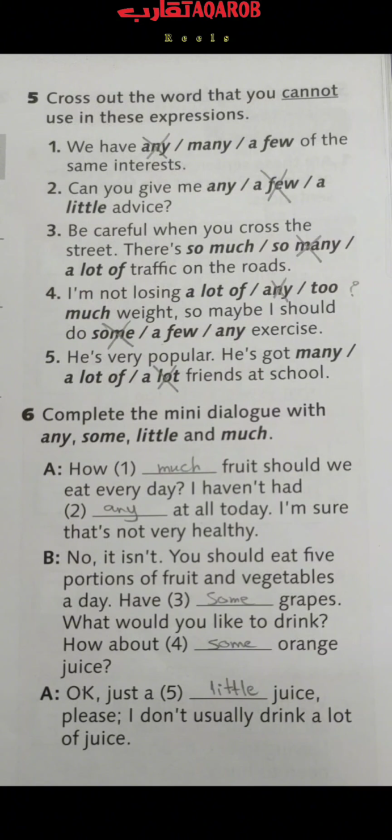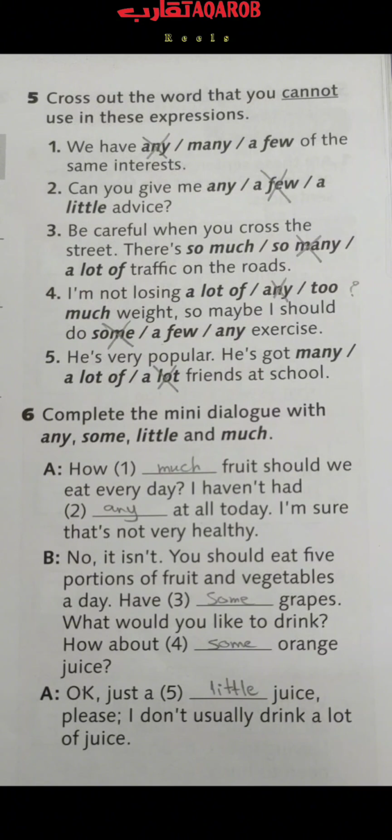B: No, it isn't. You should eat 5 portions of fruit and vegetables a day. Have some grapes. So this is advice for him to have a quantity of grapes. He advised him to have some grapes.